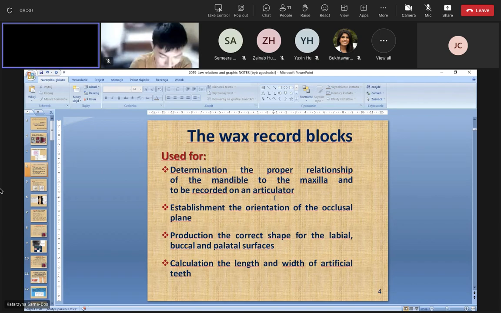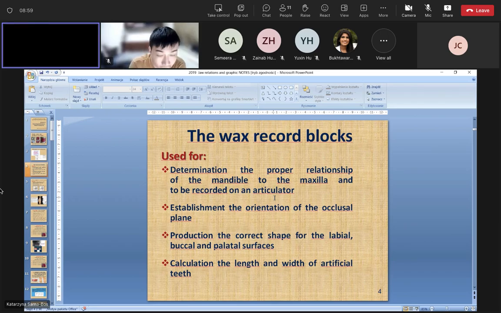The wax record blocks are used because we need them to determine the proper relationship of the mandible to the maxilla, and to record this relationship on articulators, and of course give such information to the technician.